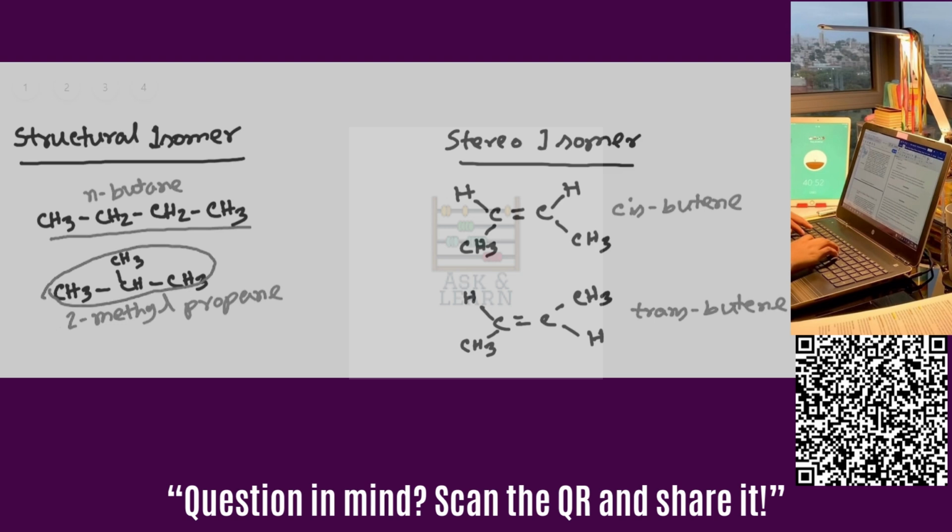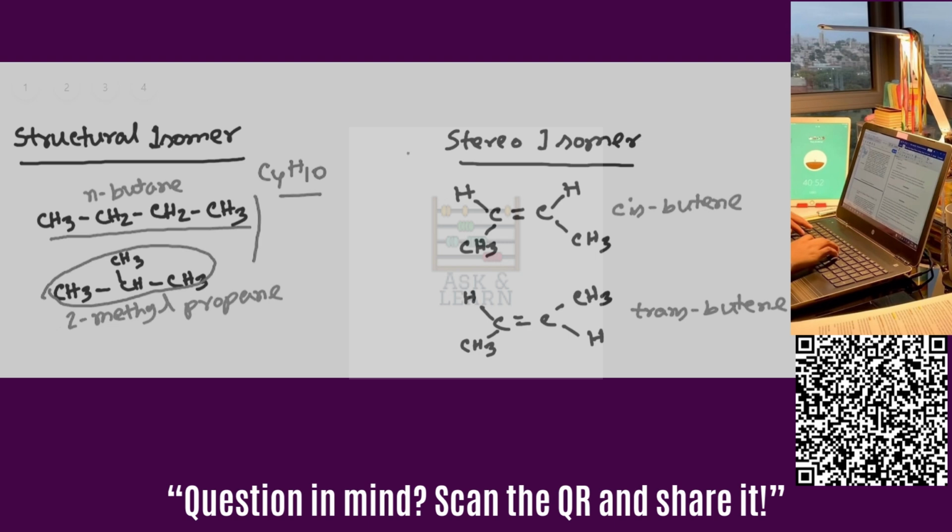Both of these compounds have the same molecular formula of C4H10. So both of them have the same molecular formula, but due to the arrangement of bonding between the atoms, they form two isomers, and these types of isomers are called structural isomers.